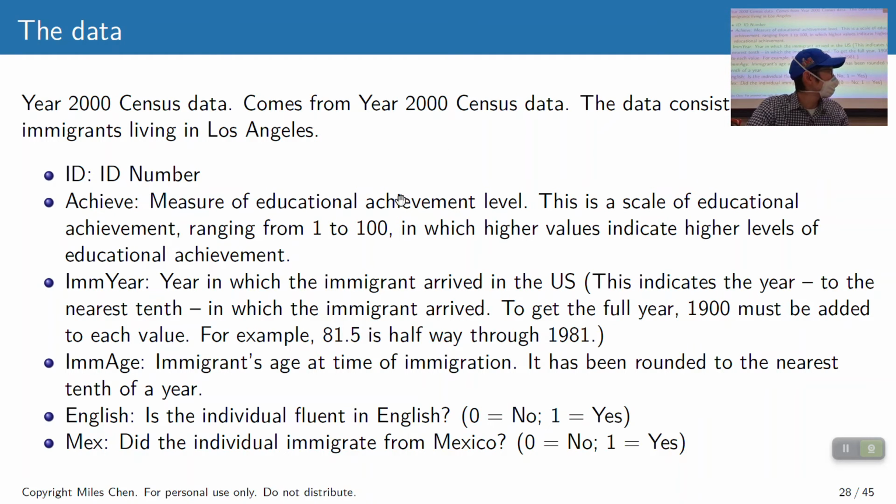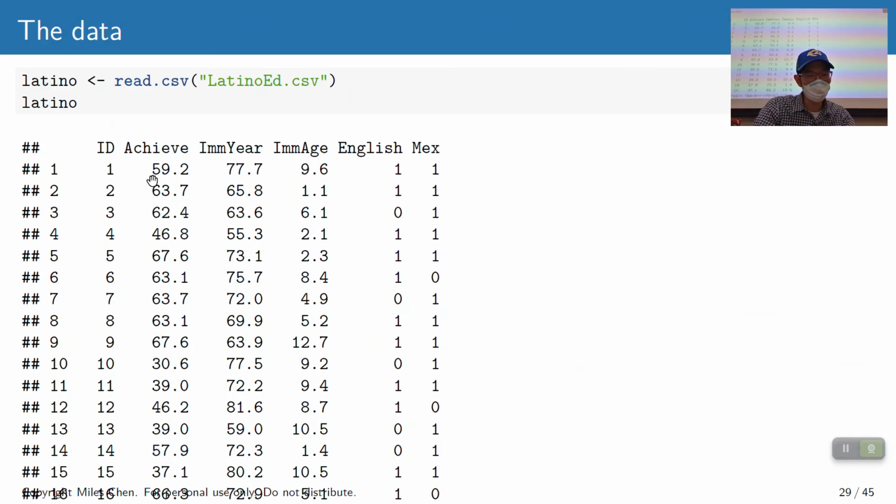They're curious. These are the different variables, and one of the variables is this educational achievement level. This is some number ranging from 1 to 100, in which higher values indicate higher levels of educational achievement. Let me just show you the head of this table. They provide this data dictionary, but unfortunately, there were no details about what these numbers mean.